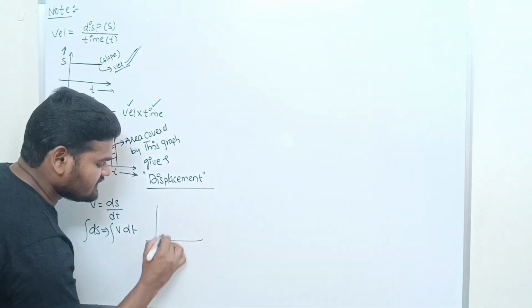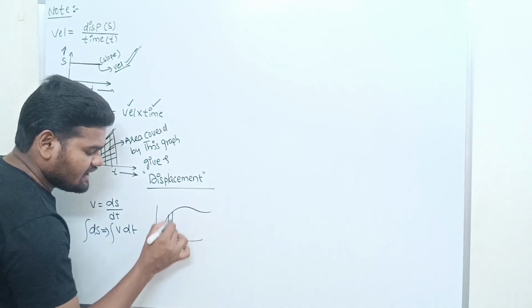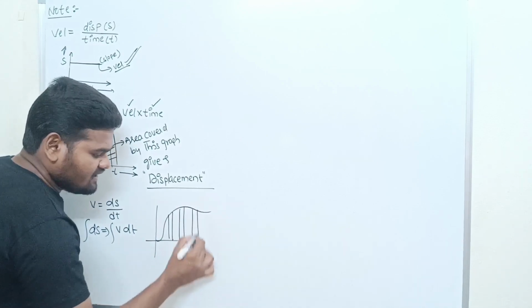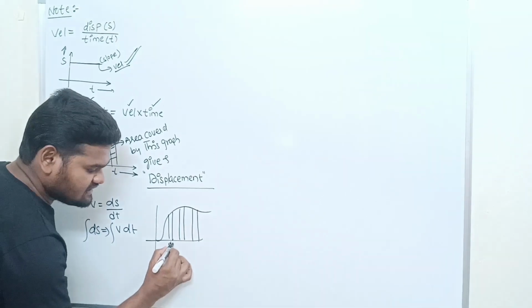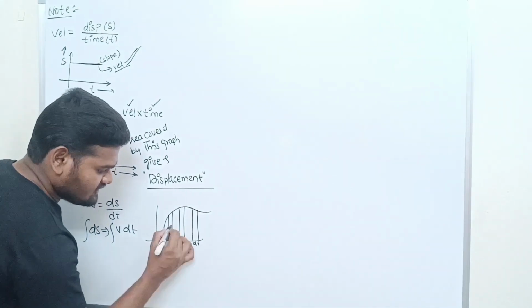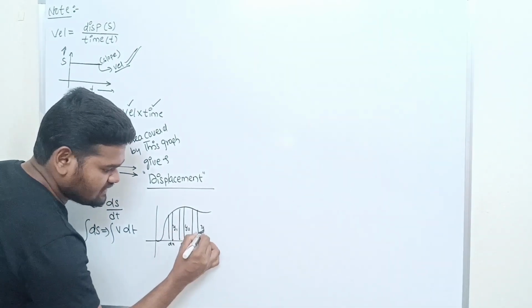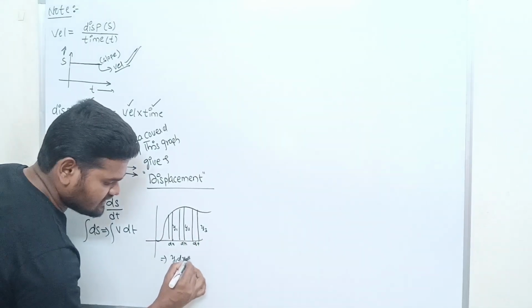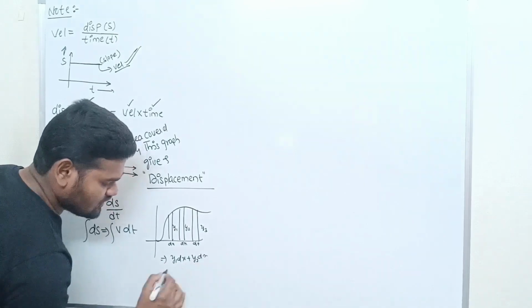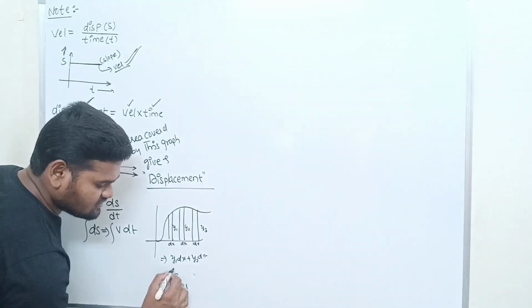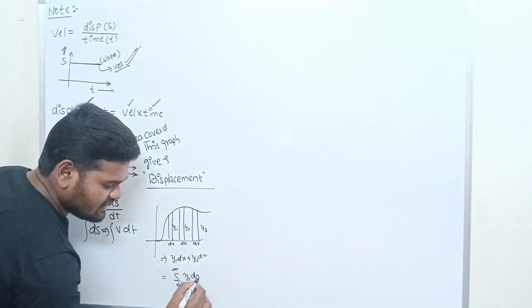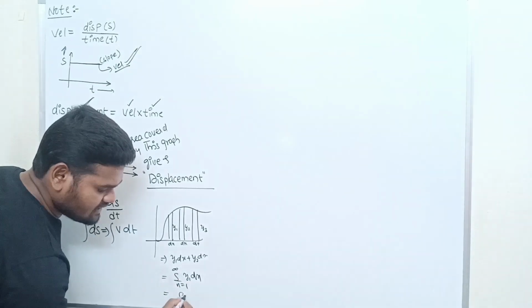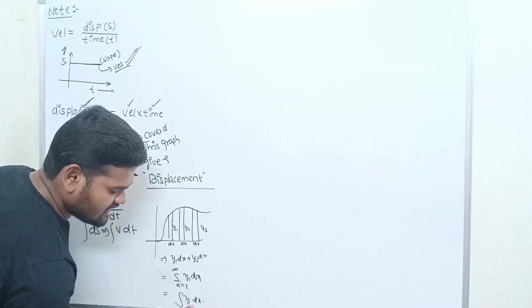If we draw the graph like this and want to find the area covered by the graph, we divide it into small strips. This is dx, and these are y1, y2, y3. The area covered by this graph is y1 dx plus y2 dx and so on, which can be written as the summation over n from 1 to infinity of yn dx. This summation can be represented by the integration of y dx.